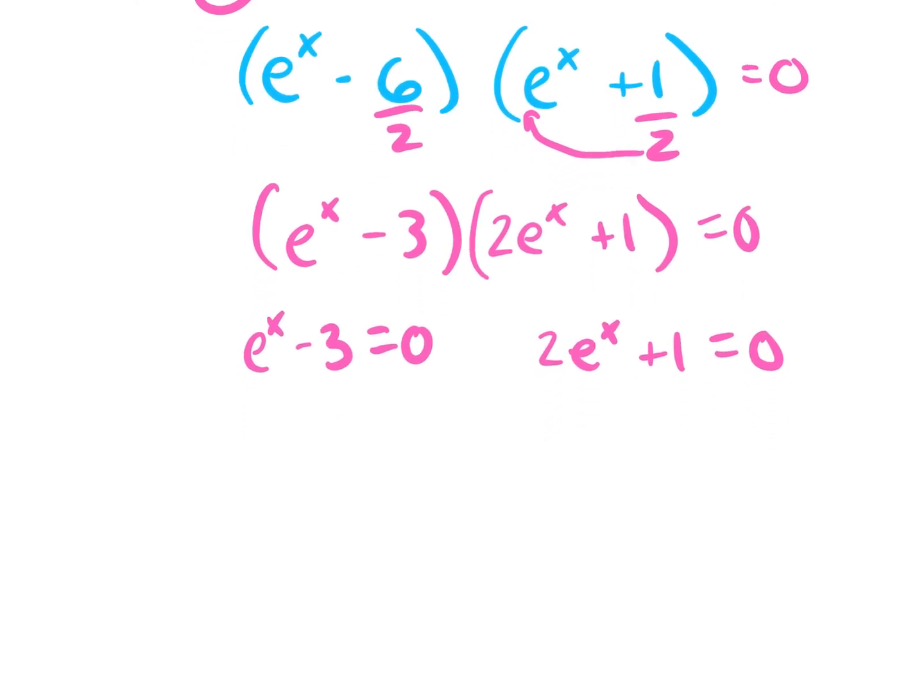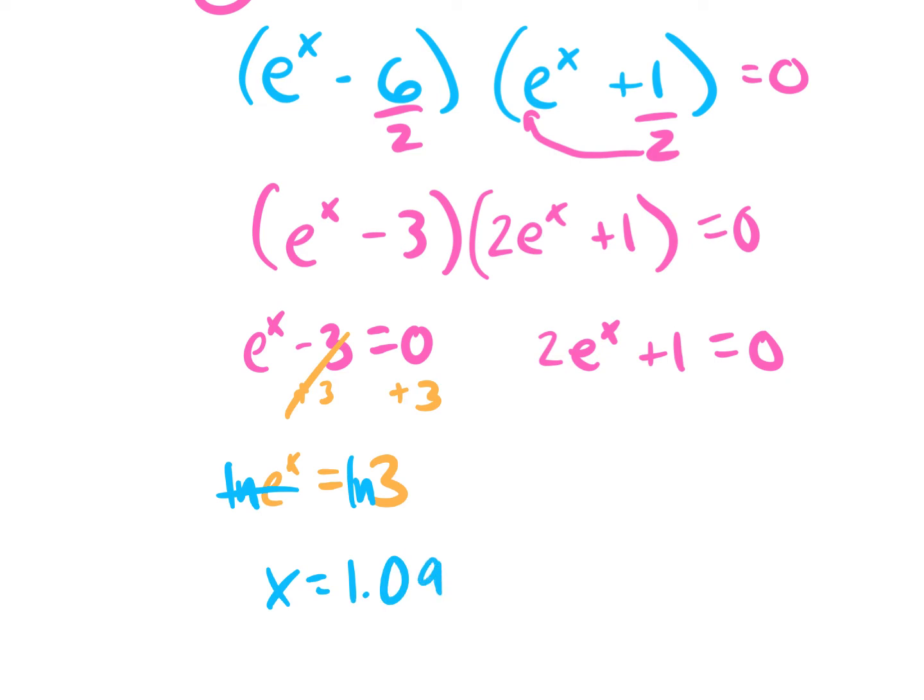And solve them each. So add 3 to both sides. e to the power of x is equal to 3. How would I solve for just x here? Ln both sides. So x is equal to, what's the ln of 3? 1.099.